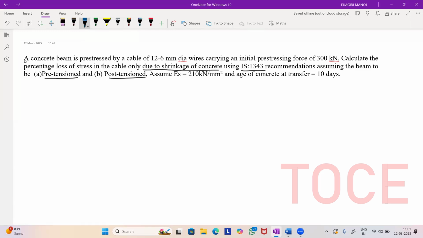For this, we need to recollect the formulas provided in IS 1343 for pre-tension and for post-tension. For a pre-tension member, IS 1343 recommends the ultimate shrinkage strain as 300 into 10 to the power of minus 6 units.